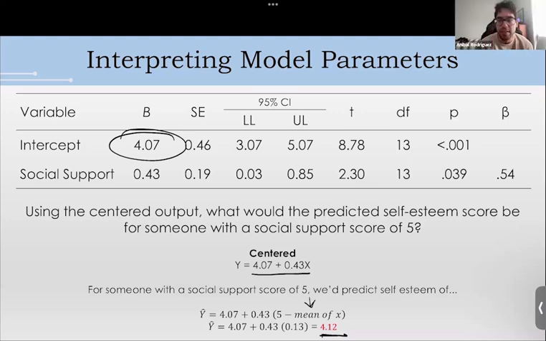Where did we find the mean of X in this situation? The descriptives. Either the descriptives, or you can just type mean X in R. You can literally write 5 minus mean variable. For data that are not normal, do we median center?